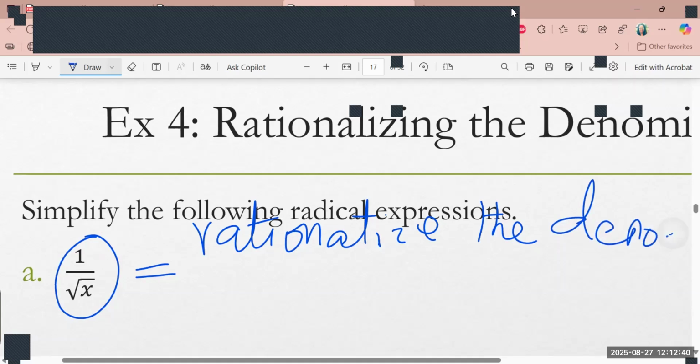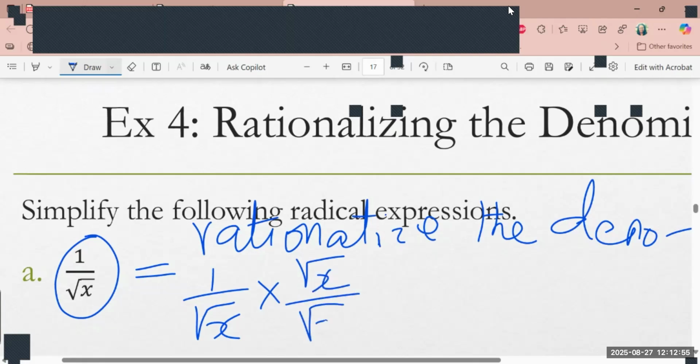What you're supposed to do is 1 divided by square root of x, multiplied by square root of x over square root of x. Rationalizing the denominator, you will notice that there is a square root of x in the numerator.